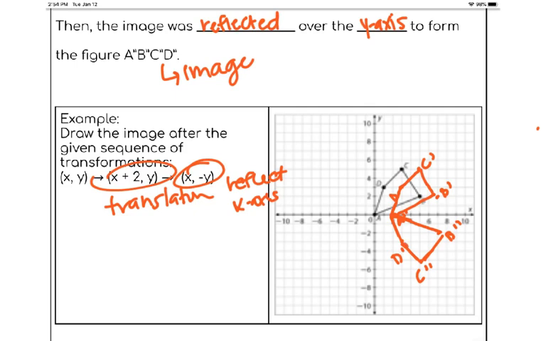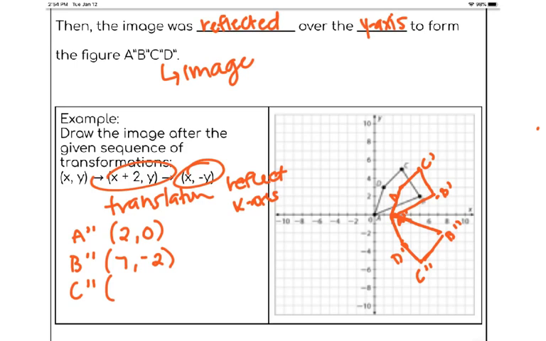And actually after the second transformation, it's called a double prime. So a double prime is at 2, 0. B double prime is at 7, negative 2.